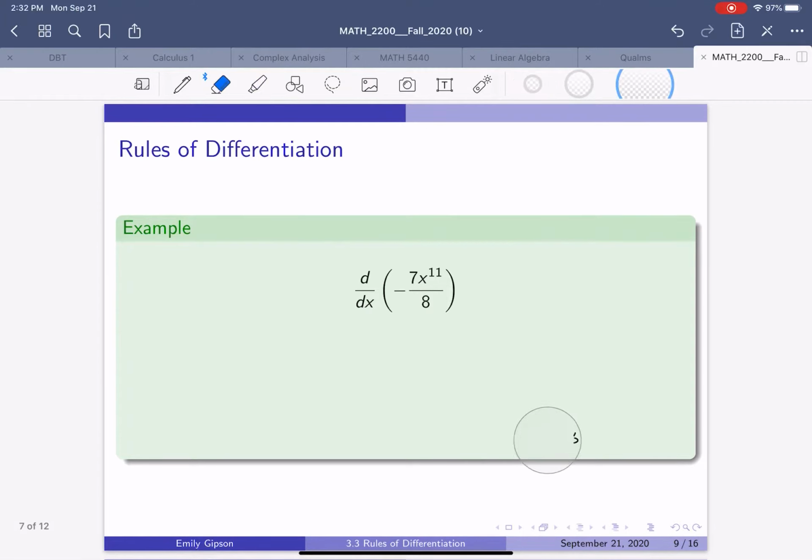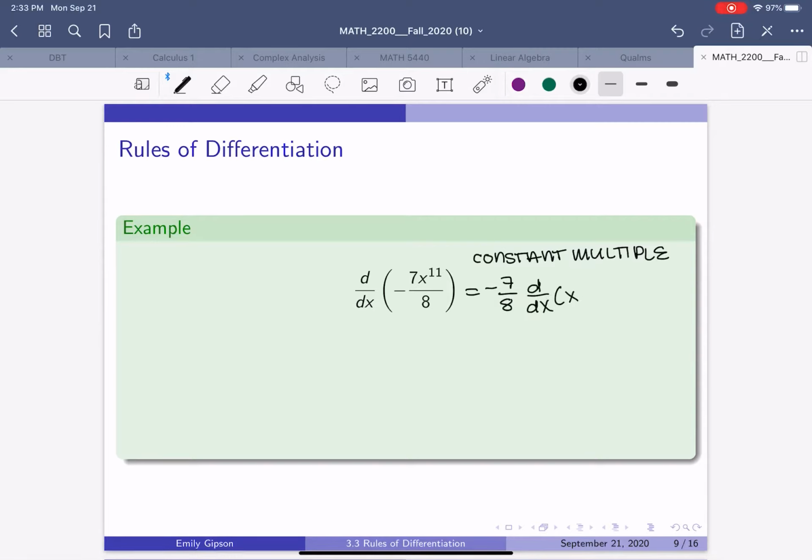So let's do a quick example. I'm interested in finding d dx of negative 7 x to the 11 over 8. And we can use our constant multiple rule to pull out the negative 7 over 8. Then we're just left with finding d dx of x to the power of 11.